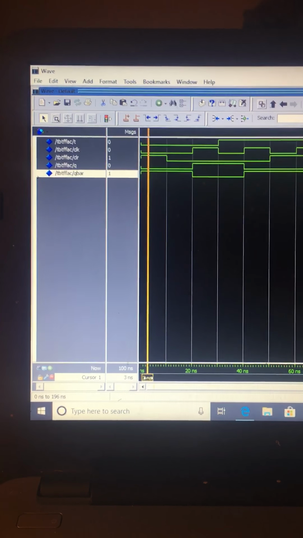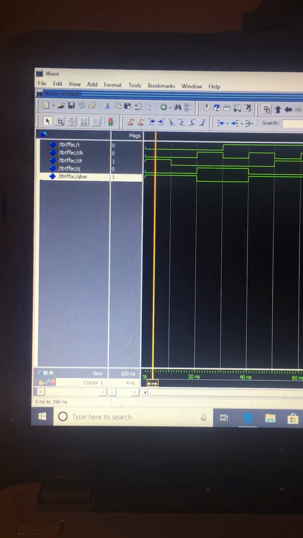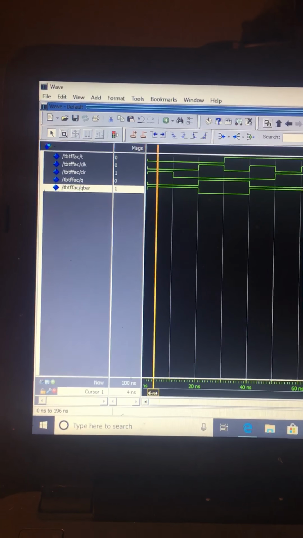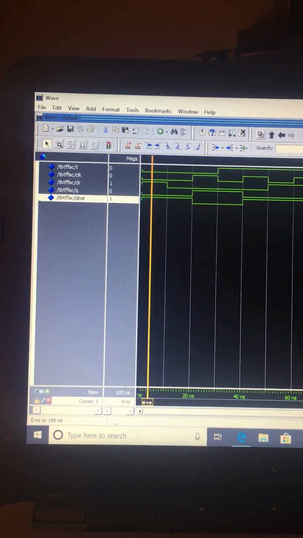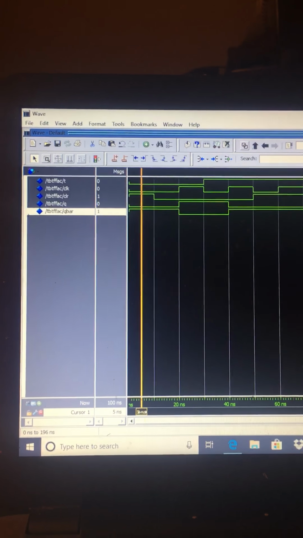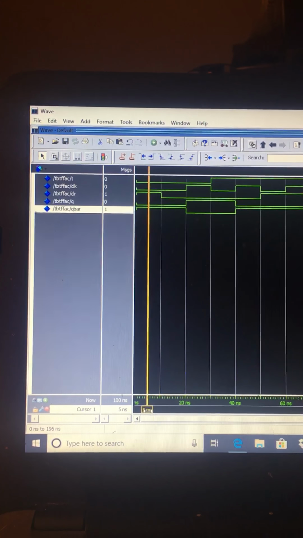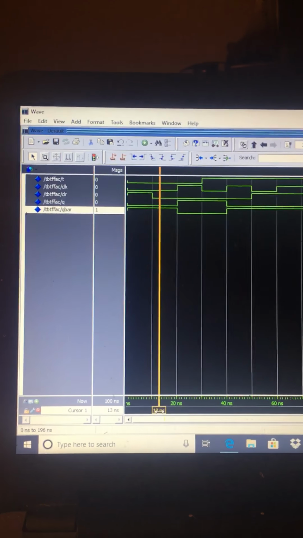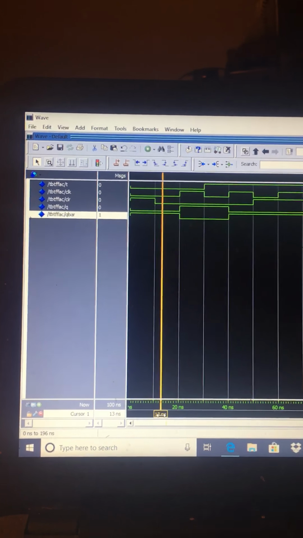So when T is 0, clock is 0, and clear is 1, Q is 0 and Q bar is 1. And that is because clear is enabled. Next, you have T, clock, and clear are all 0.